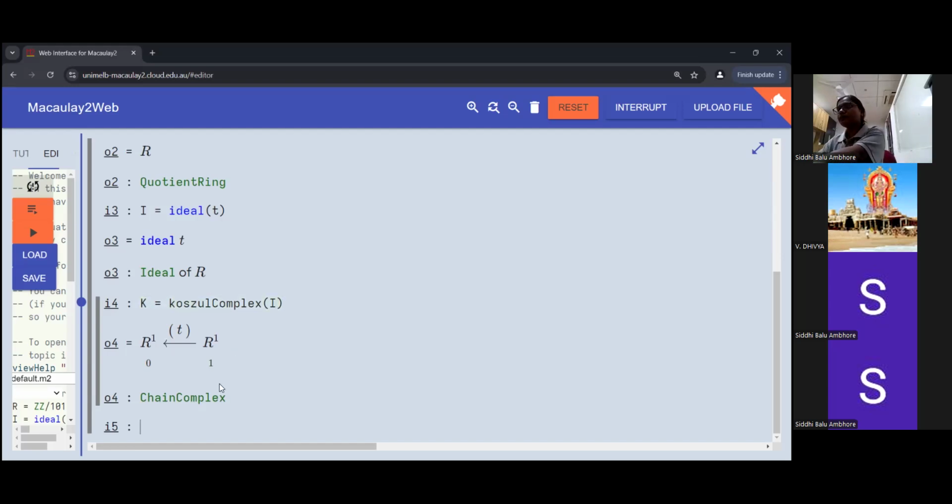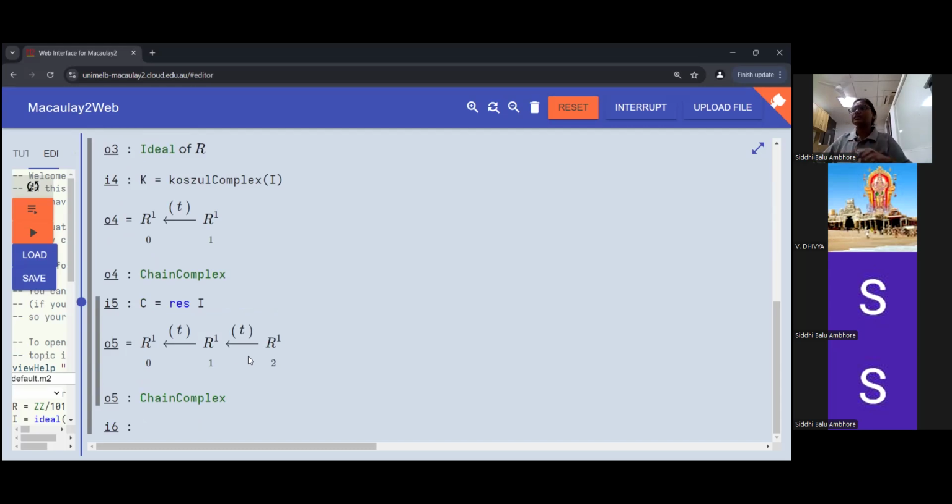But if I find a resolution of this ideal I, so if I let C, not small r, be the resolution of I, then it is this: R1, R1, R1.